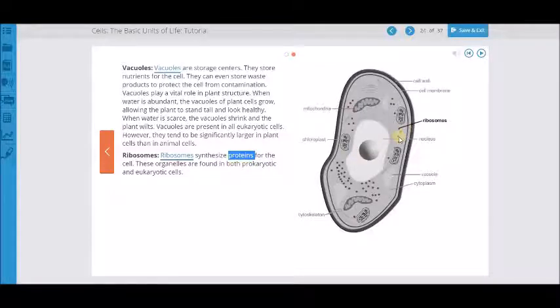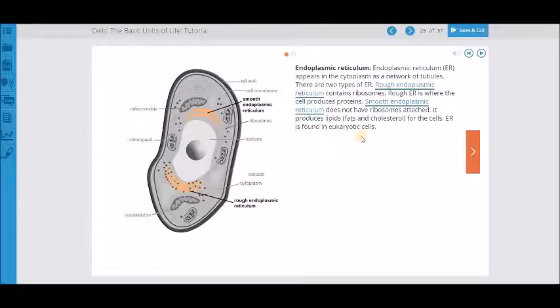Well, this is where they're made. Ribosomes are floating around freely, and in a minute we're going to show you the Golgi apparatus in which they're kind of attached to it. But remember, ribosomes make proteins. I think of it like this: ribosome is like a rib, and rib is meat protein. So that's how I think about it.